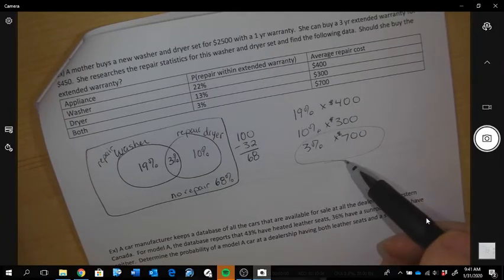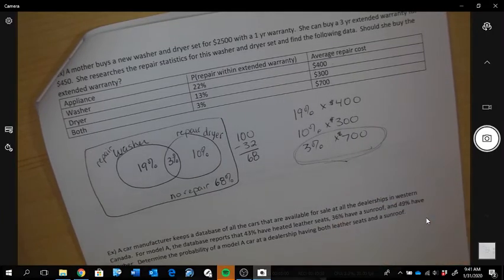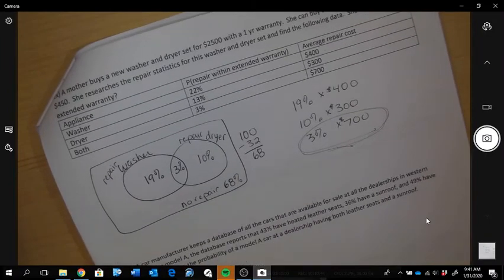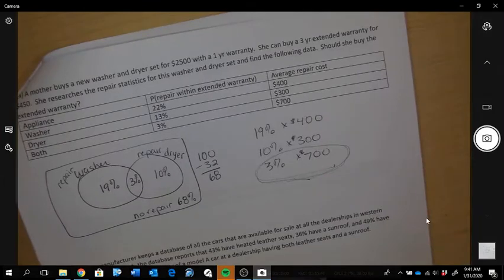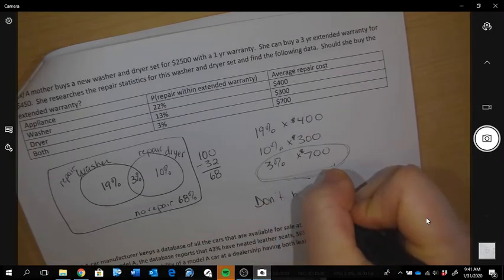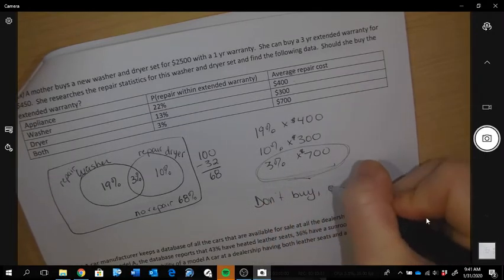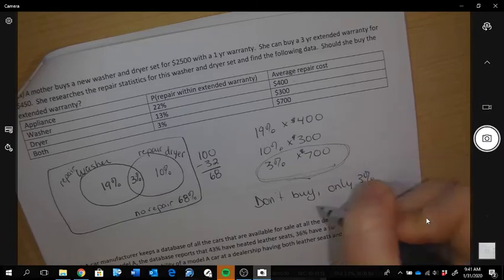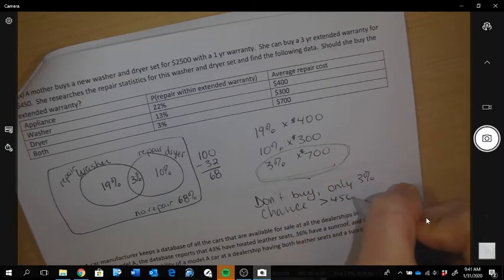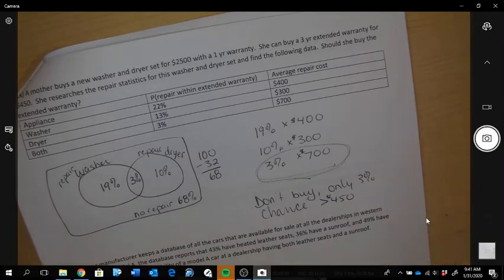This is really the only cost that would give her a reason to pay for that, because it's the only cost that ended up over $450. So I would say don't buy. There's only a 3% chance that you would have a cost over $450.